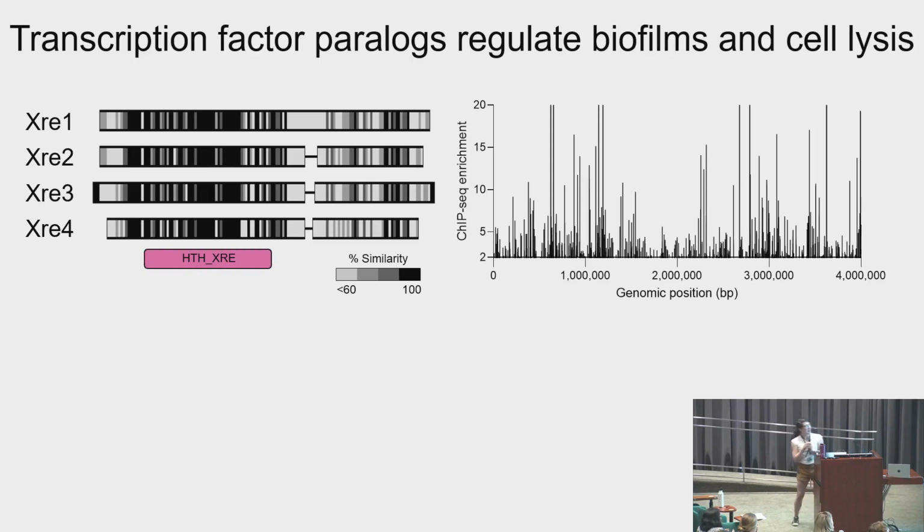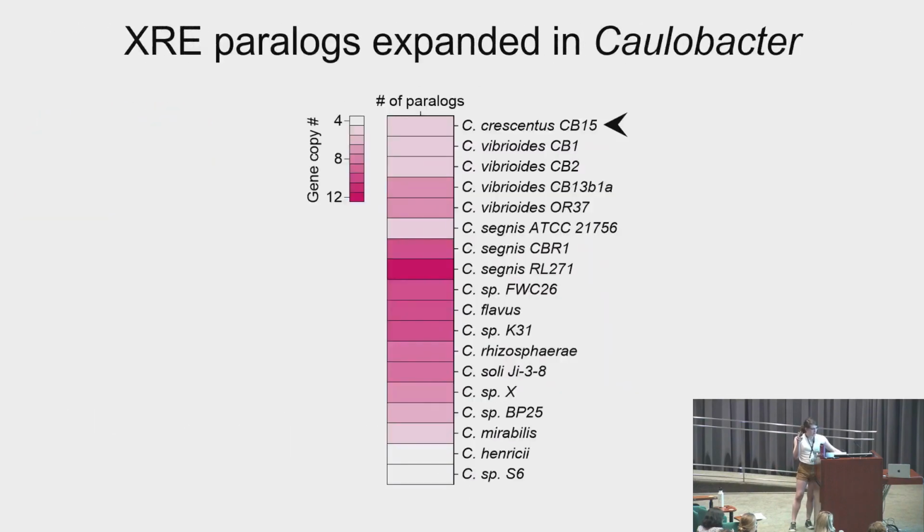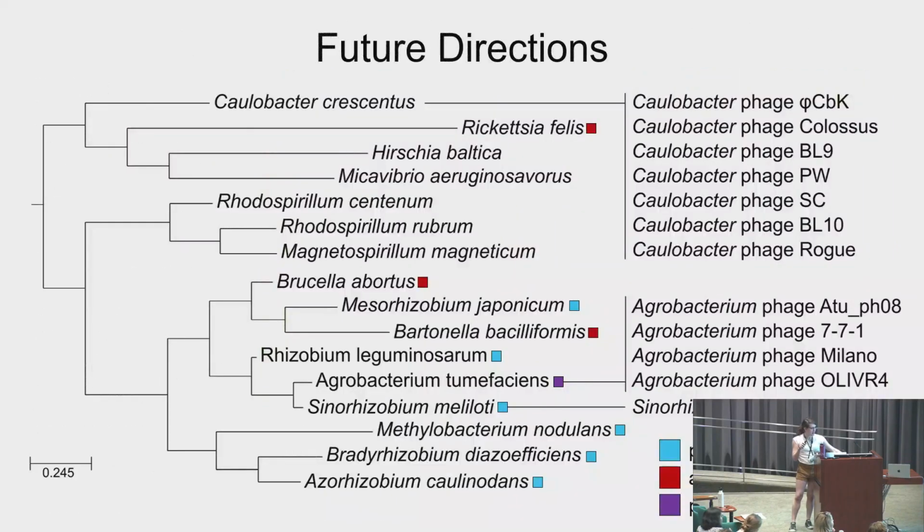No. Okay, so we've done pangenomics for these phi-CBK phage, and it breaks the different XREs out by the different species, the different phi-CBK-like phage.